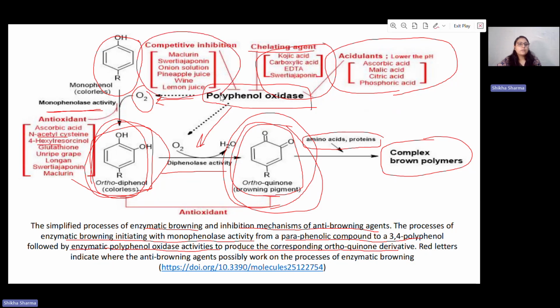All of these work by the mechanism of competitive inhibition, so they act on the polyphenol oxidase so that its activity is inhibited. Then the monophenols or diphenols cannot convert into orthoquinones, and if they are not converted into orthoquinones by polyphenol oxidase, the brown color cannot be seen in the food products.